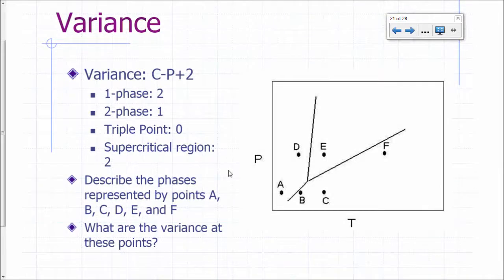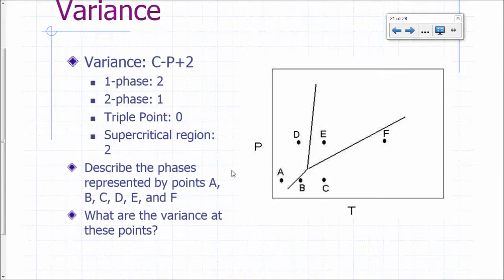The term variance refers to the number of independent variables that we use to describe the state of a system. In the case of a one-component system, C is 1, and if P is the number of phases present in the system, then F, the variance, is C minus P plus 2.